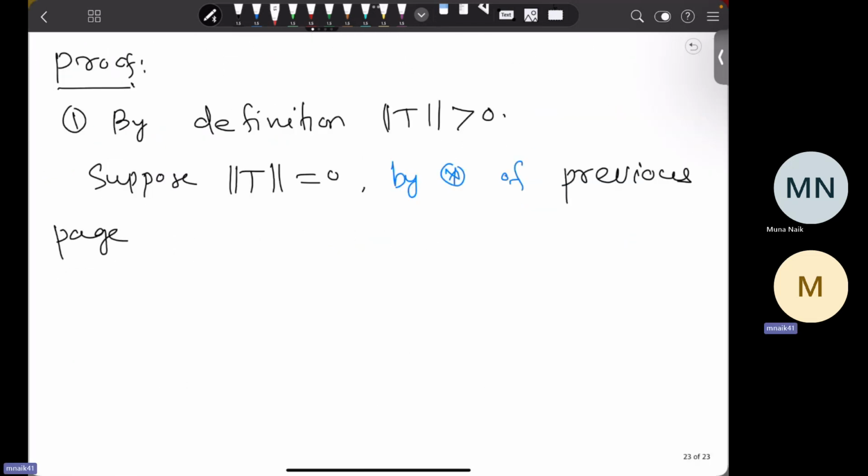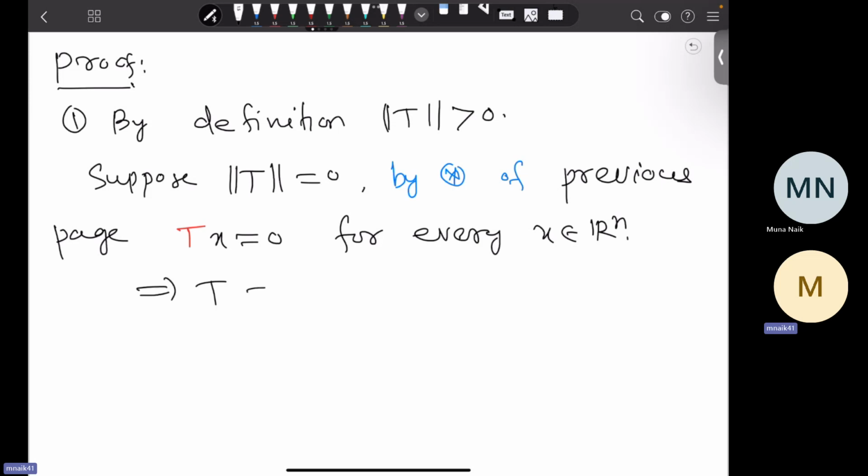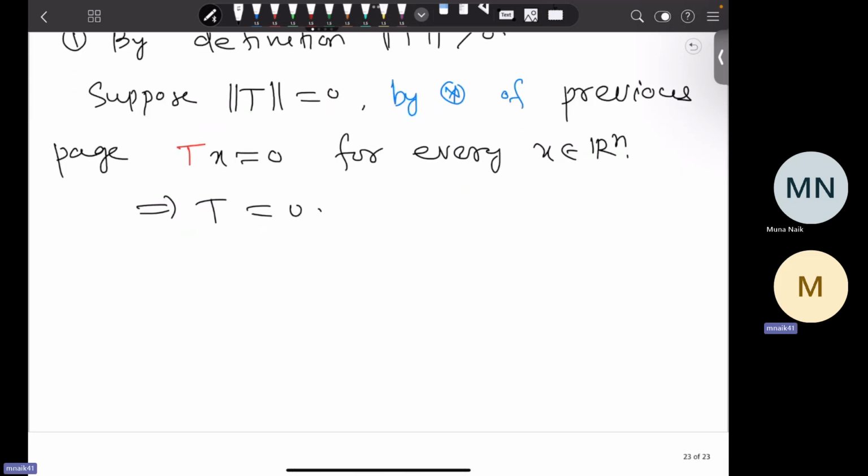So Tx is equal to 0 for every x belongs to R^n. This implies T is equal to 0. Okay, so positive definiteness is done.